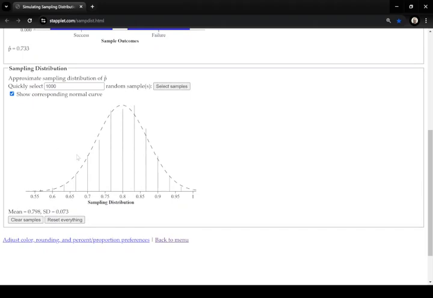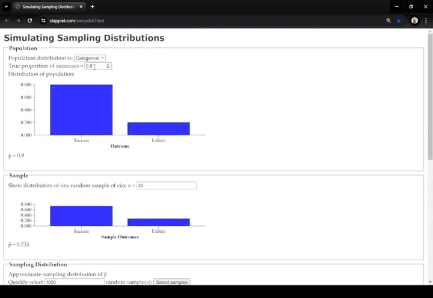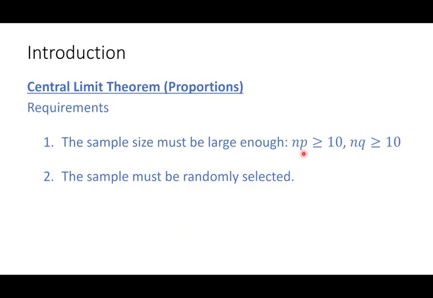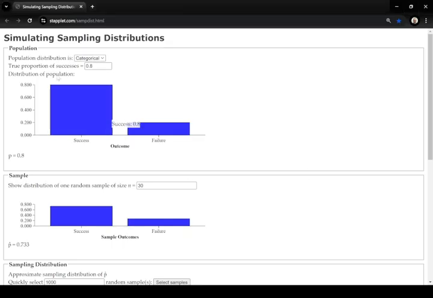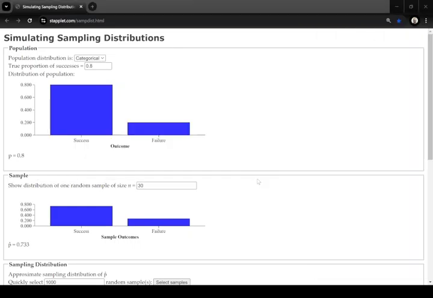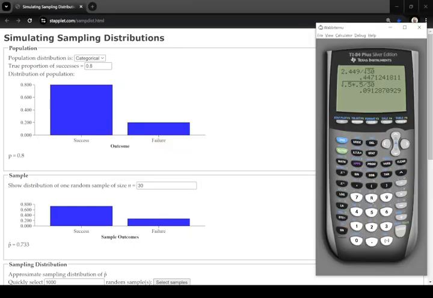and this is approximately normal, even though it's not 0.5, because 0.8 times 30 is 24, and 0.8 times, let's see, what we're doing is validating this math right here. N times P, where P is 0.8 and N is the sample size.